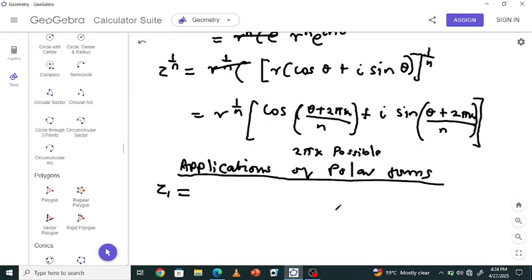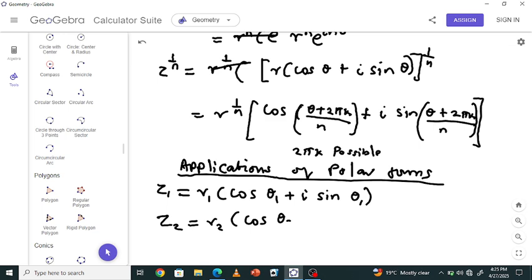We have z1 is equal to r1 into cos theta 1 plus i sin theta 1, and then z2 is equal to r2 into cos theta 2 plus i sin theta 2.